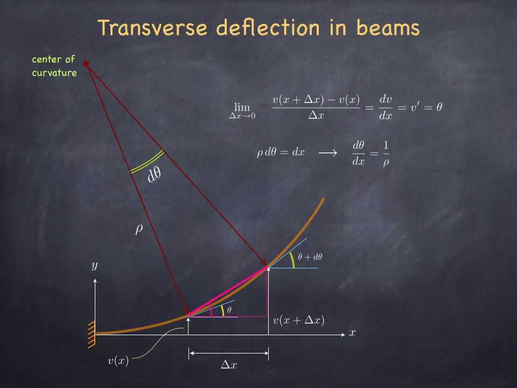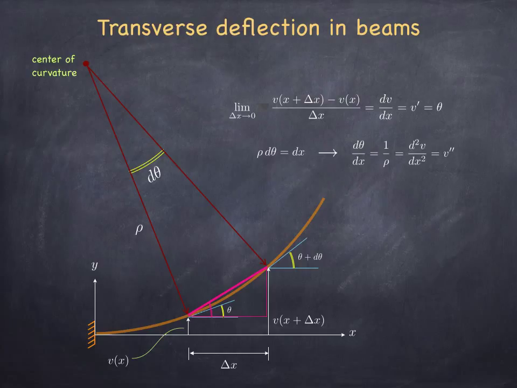And because theta itself is equal to the first derivative of v, this means that the second derivative of v with respect to x, in other words, v double prime, will be equal to 1 over rho, or the curvature. So if we want to obtain theta, we need to differentiate v once. And if we want to obtain curvature, or 1 over the radius of curvature, we need to differentiate v twice.